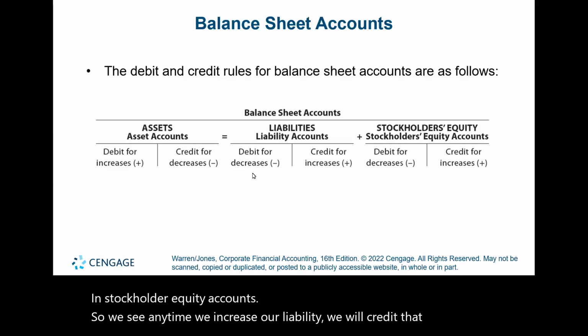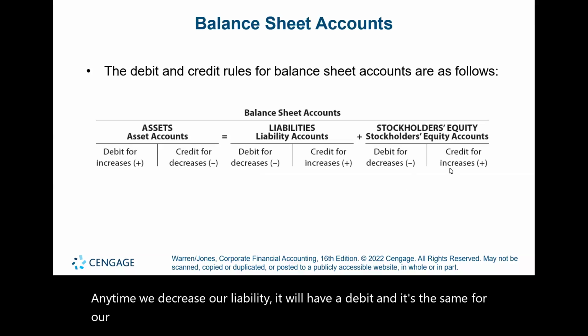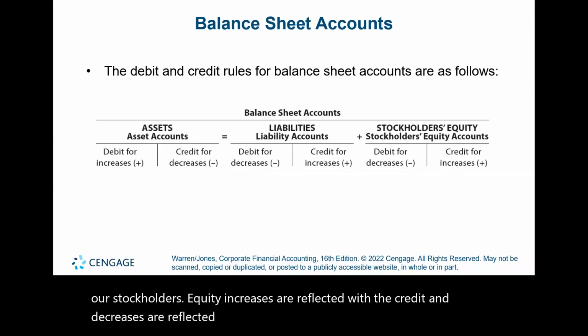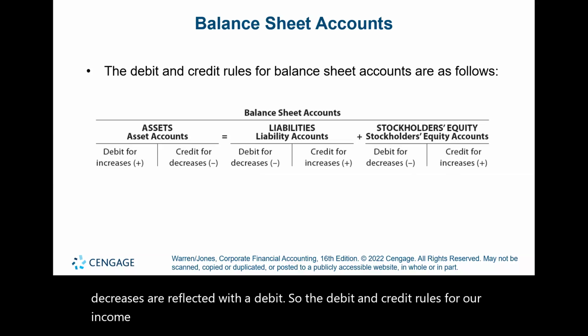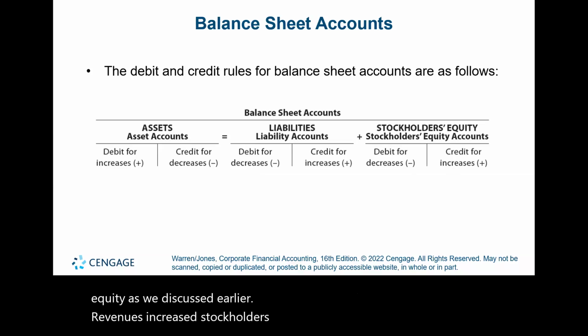Anytime we decrease our liability, it will have a debit. And it's the same for our stockholders' equity. Increases are reflected with a credit, and decreases are reflected with a debit. The debit and credit rules for our income statement accounts are based on a relationship with stockholders' equity, as we discussed earlier. Revenues increase stockholders' equity, and expenses decrease stockholders' equity.